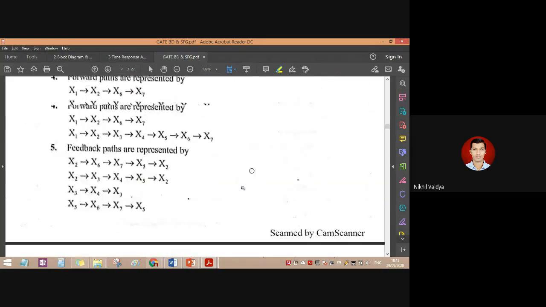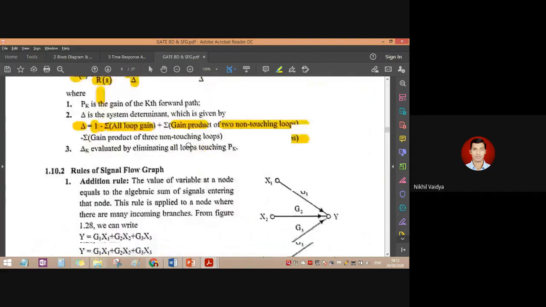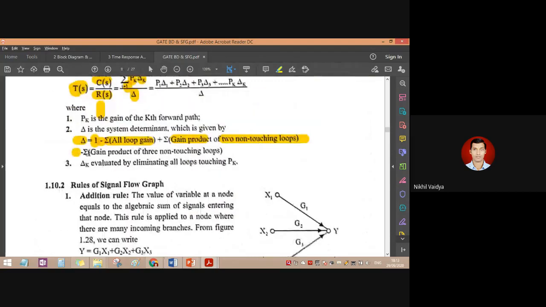We write this term with respect to this signal flow graph: this is the gain product of these two non-touching loops, and this is the gain product of these two non-touching loops. Next, we have to move to minus summation of gain products of three non-touching loops.